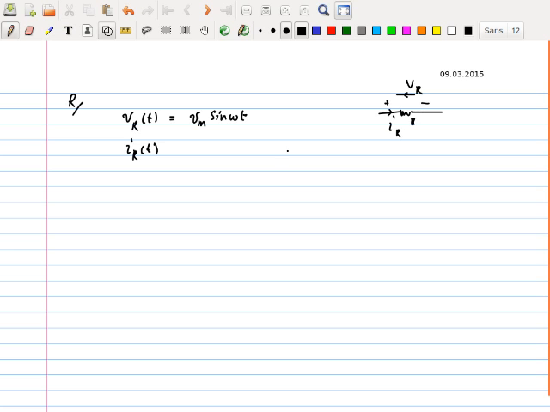And this is the resistor value. It was written as some I maximum. In fact, we also said Vm over R. This was sine of omega t, right?